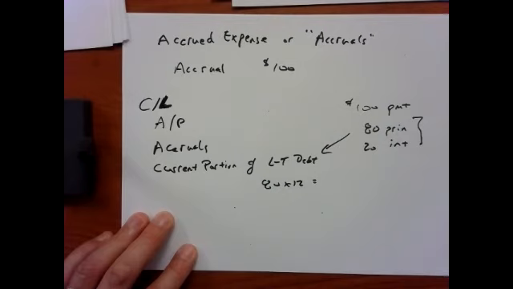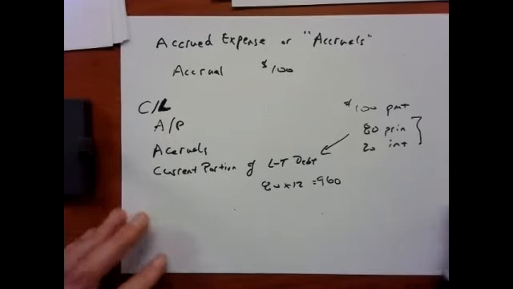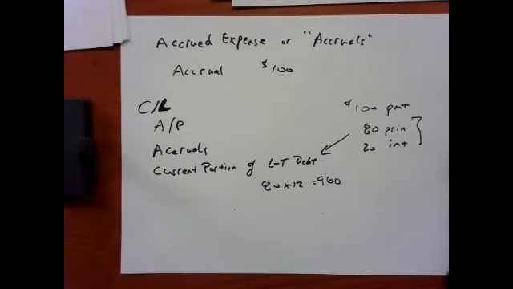Help me out, guys. 10 times 80 is 800, 2 times 80 is 160, 960? Yes? Okay. All right, so the current portion of your long-term debt would be 960.